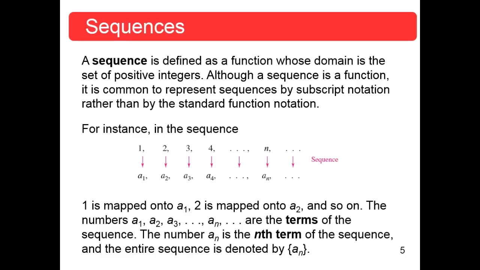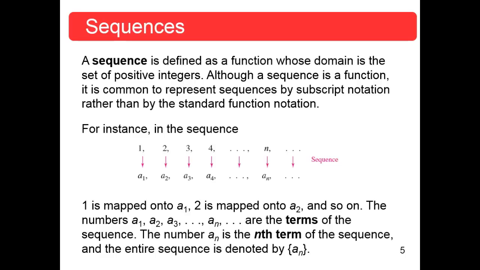That would be your sequence of values, numbers, functional values. 1 is mapped onto a sub 1, 2 onto a sub 2, a sub 3. See, the subscript here is just identifying which value in that sequence you're talking about.